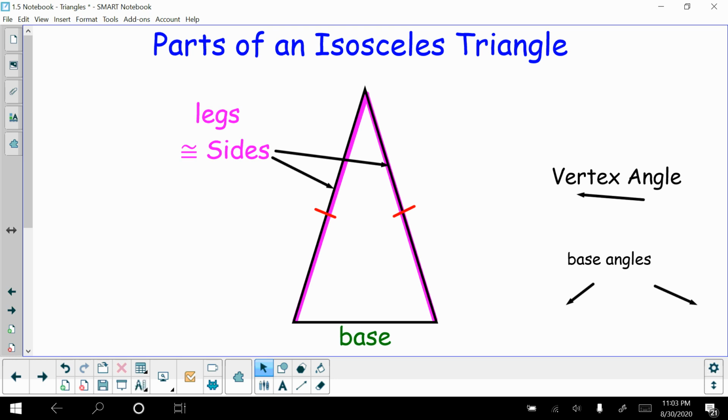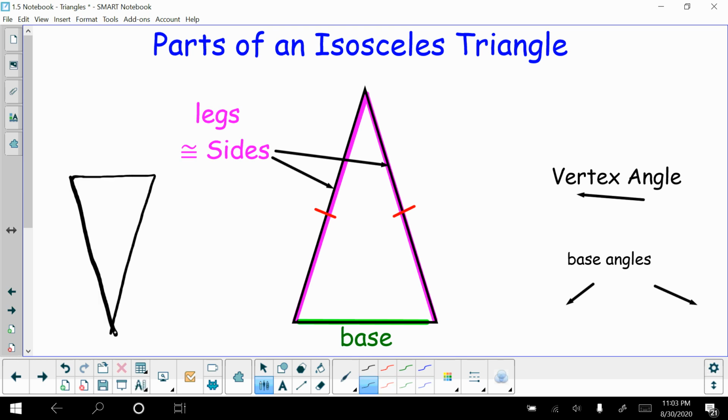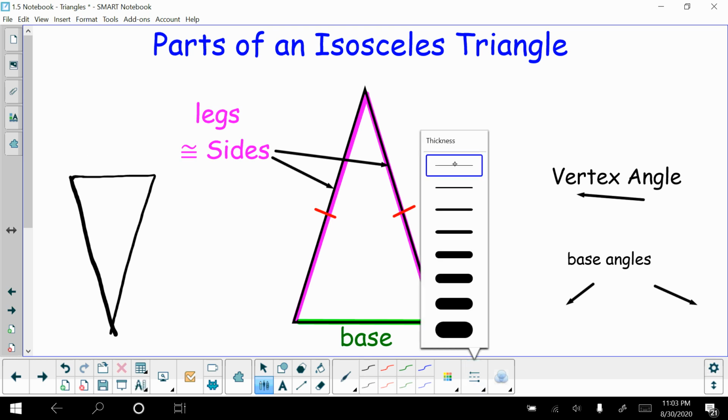This side down here at the bottom is known as the base. Now I said bottom, that doesn't mean it's always at the bottom, because if I draw an isosceles triangle like this, well, now your base is up here at the top.